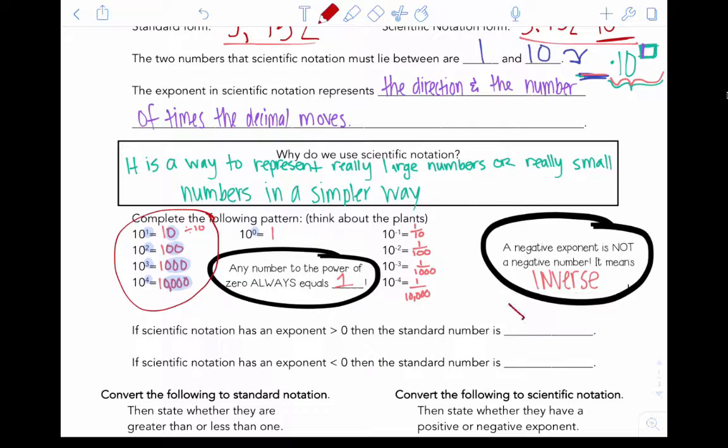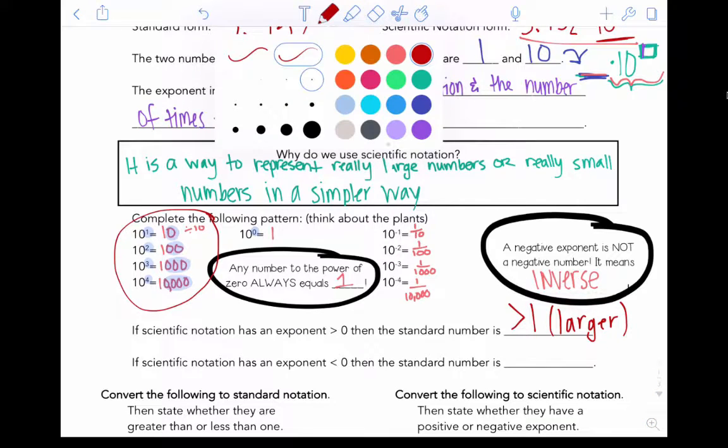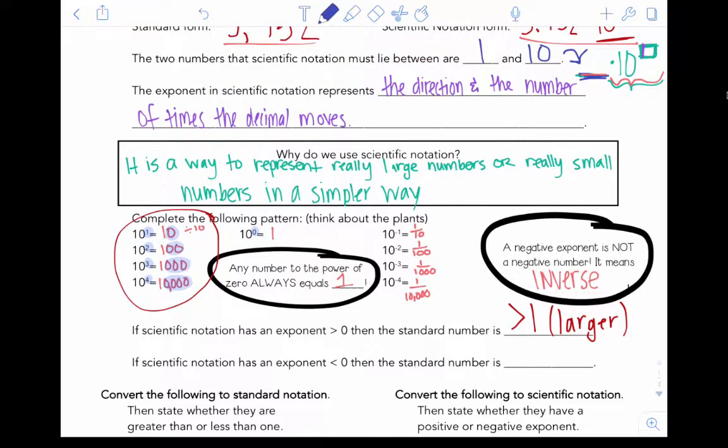So my number is going to end up being greater than 1. However, if I multiply by an exponent that's less than 0, so a negative exponent, these over here, then my standard number is going to be less than 1. It's going to be smaller. Not negative, but it's going to be a small decimal.